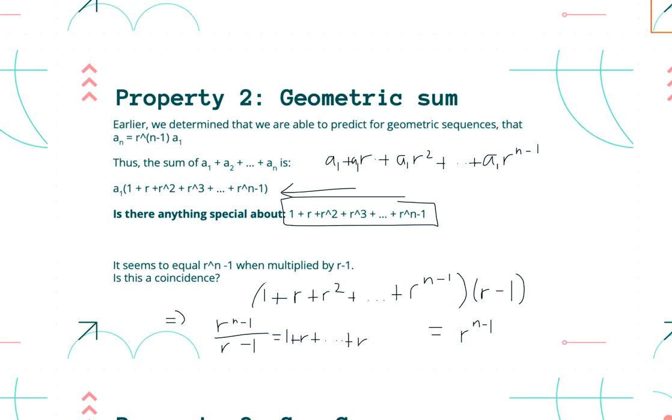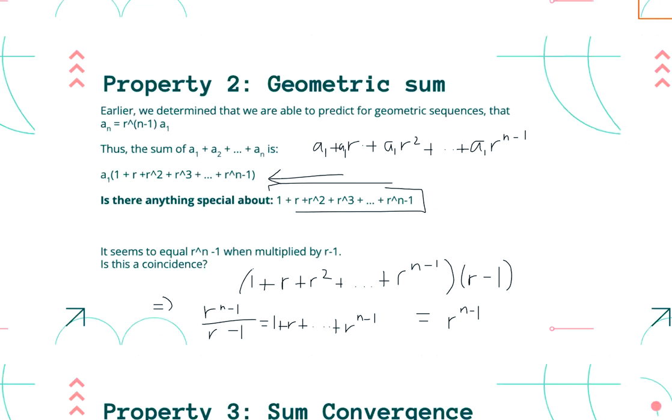So now we have this really nice way of expressing it. This is much cleaner because if you're trying to find out the sum, all you have to compute now is just r to the power of n minus 1 and then r minus 1, right? Instead of adding up the terms. So yeah, this is a lot simpler. And what this is going to give us is that our sum formula will just be all of that.